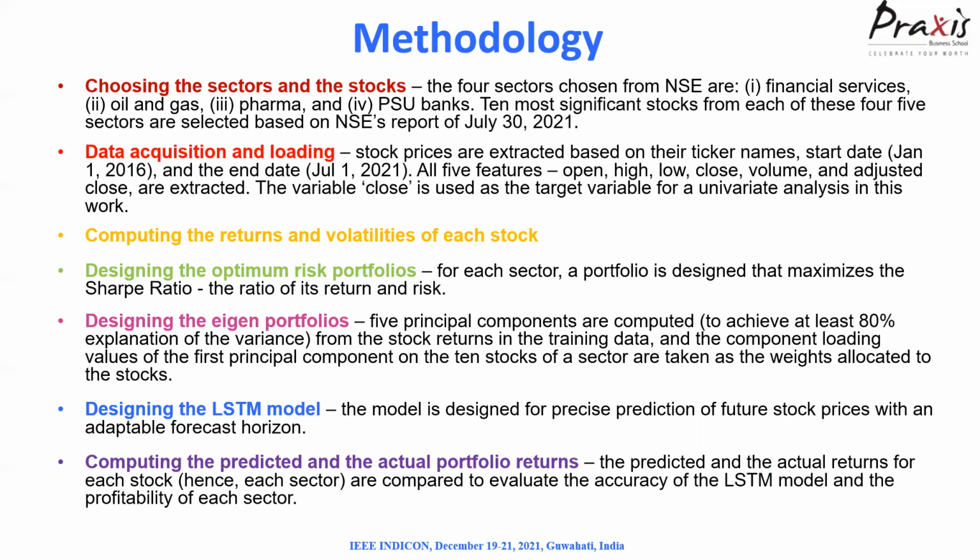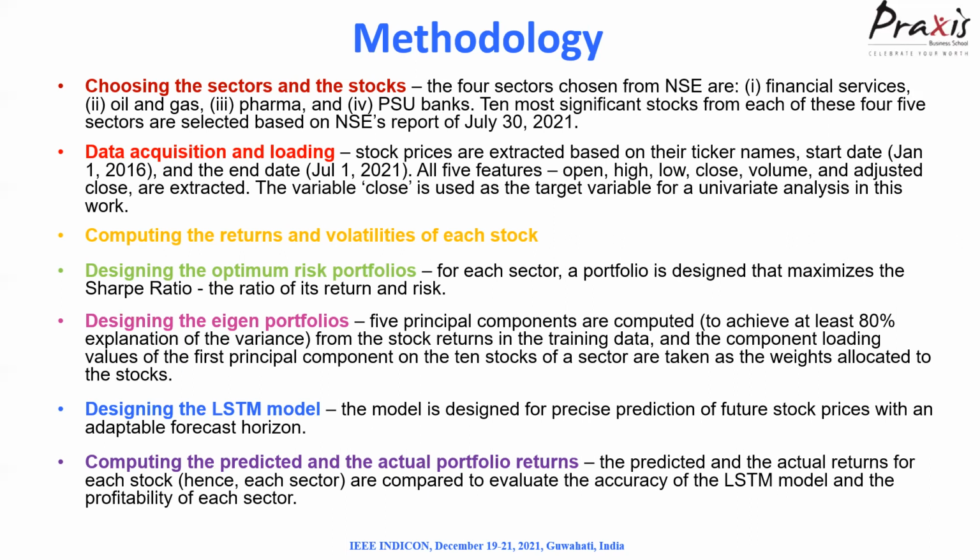The 10 most significant stocks from each of these 4 sectors are identified based on the NSE's report on July 30, 2021. The stock price data have been acquired using the Python data reader module, using the ticker name of the stocks, the start date and the end date.